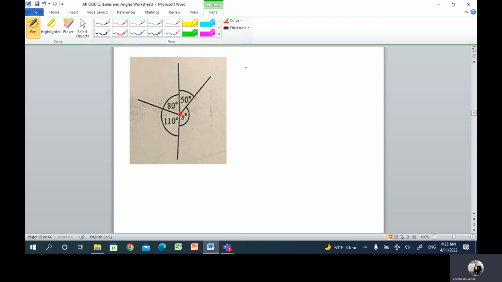So let's start with the unknown. S is my unknown angle plus 110. I'm going in one direction so that I don't miss any of the angles, plus 80 plus 50, they all add up to 360 degrees.